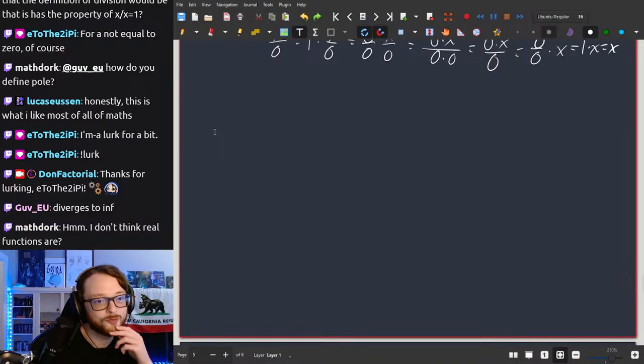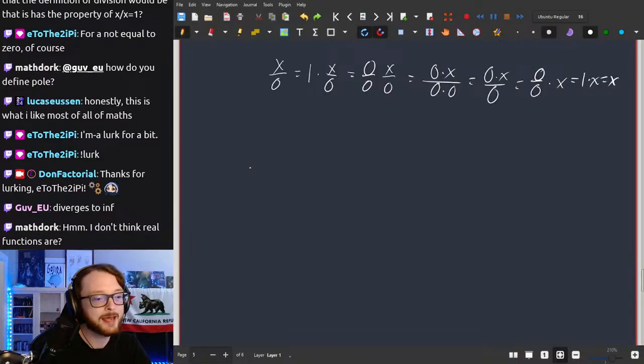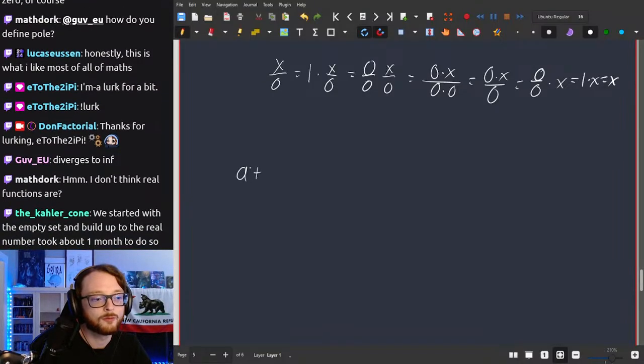We need to have zero in our real numbers because that's how we define additive inverses. For addition, for a given number a, the additive inverse is the number you add to a to get to zero.